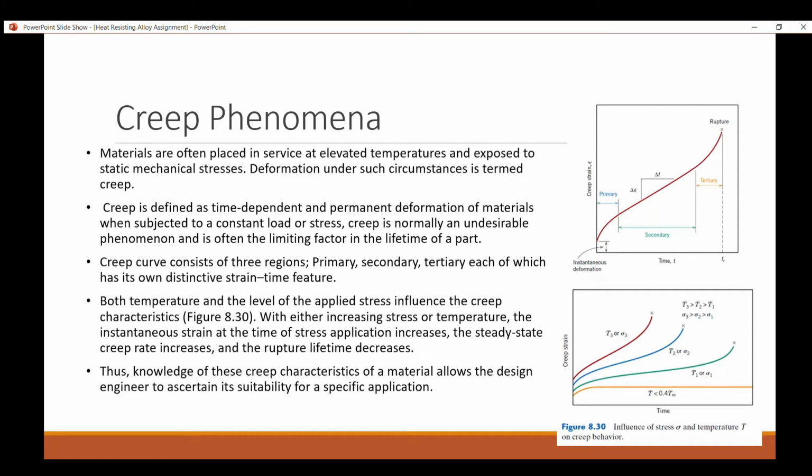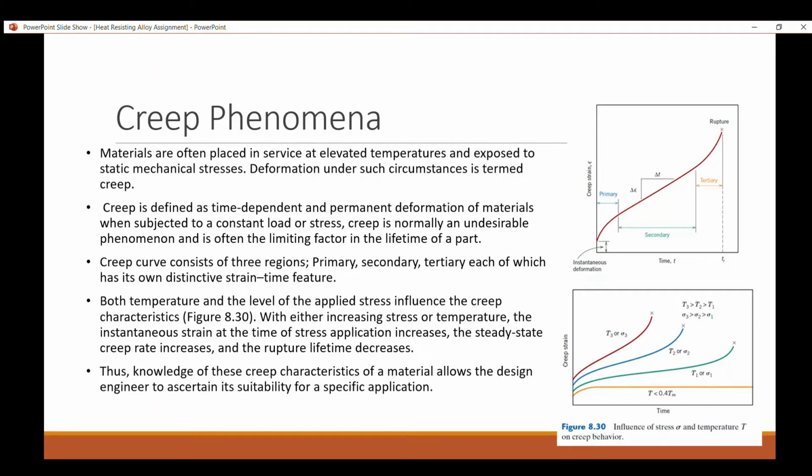This decreasing slope suggests that the material is experiencing an increase in creep resistance, or strain hardening, and therefore the material is much more difficult to strain or elongate.